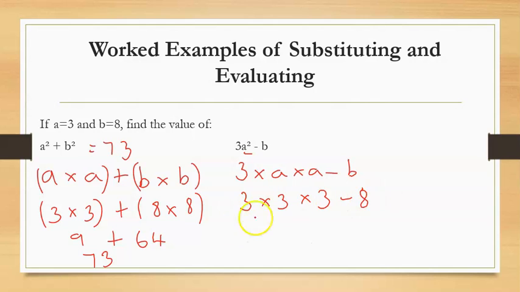So we're just going to work left to right. 3 multiplied by 3 is 9, multiplied by 3, subtract 8, then 9 multiplied by 3 is 27, subtract 8, which is 19. So 3a squared subtract b is 19 when a equals 3 and b equals 8.